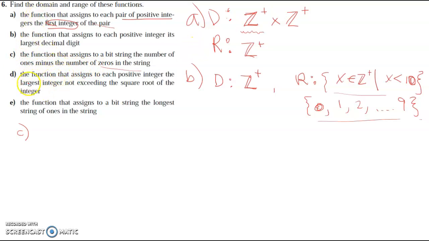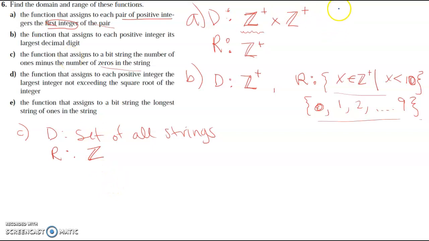For those of you who are familiar, the domain would be the set of all bit strings. The range we wouldn't be able to list out. It would be all integers, so just Z.